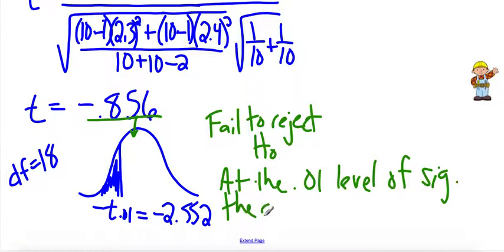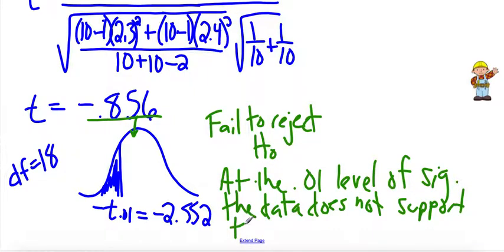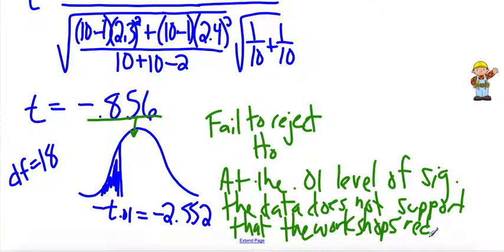The data does not support that the workshops reduce time. Now, obviously that's not the best description. Does not support that attending the workshops reduces time spent on your tiling project. So we should be a little more specific, but I'm kind of running short on space.